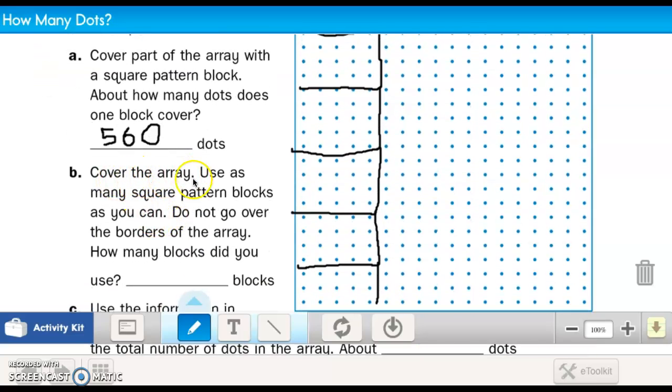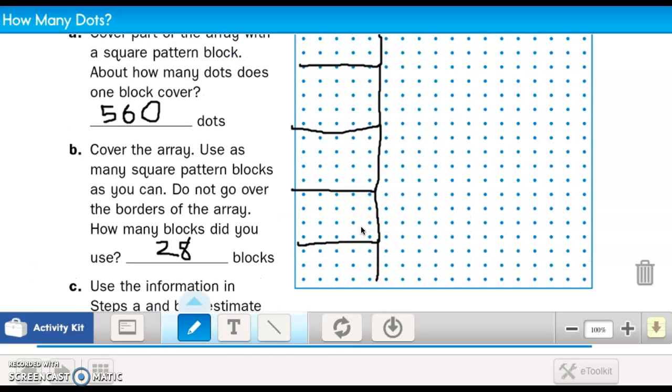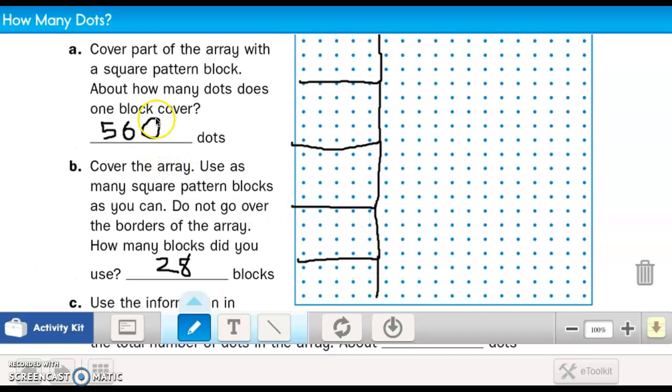Okay, cover the array. This is what, and how many blocks did we use? What did we say? 28 blocks. Okay, now using this estimation, what was our, oh, sorry, I didn't answer this correctly. We'll erase that.